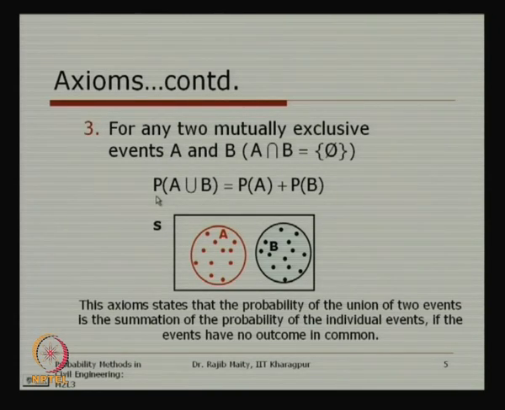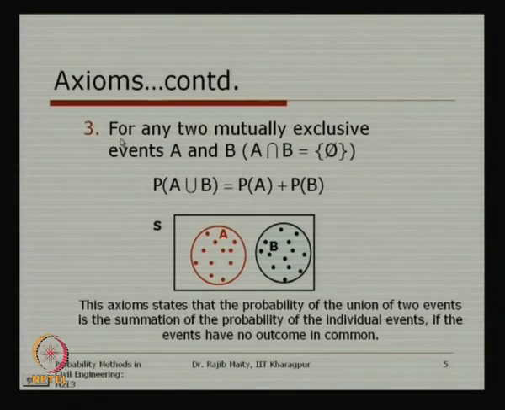The third axiom states that for any two mutually exclusive events, now in the last class we discussed mutually exclusive events. Two mutually exclusive events means two events that have nothing in common.